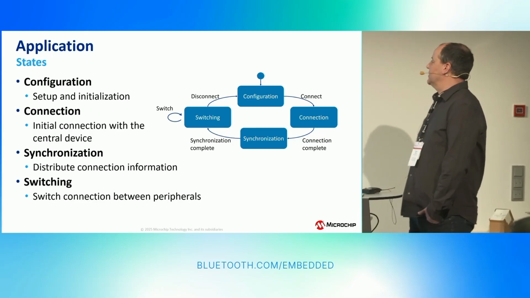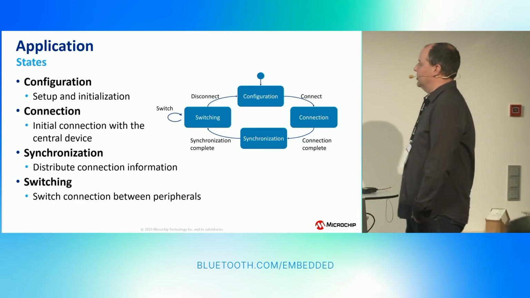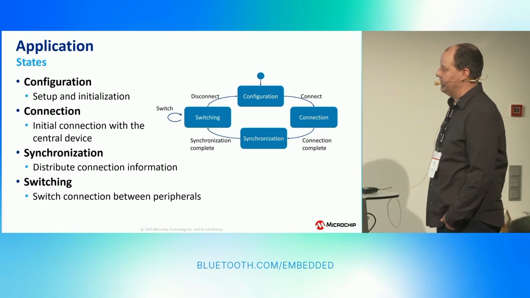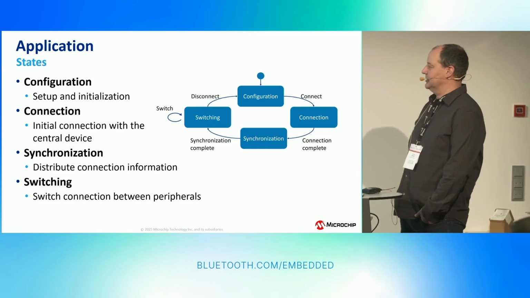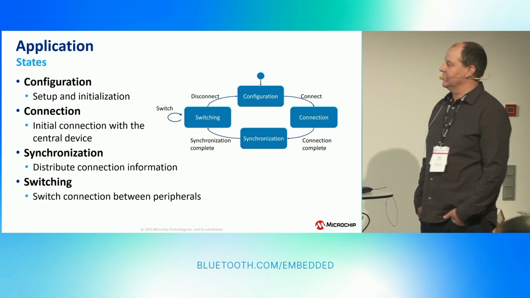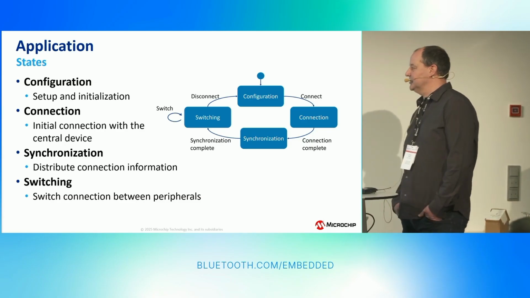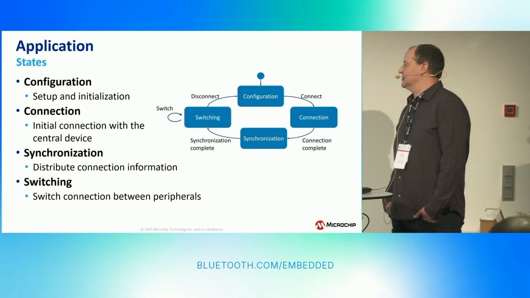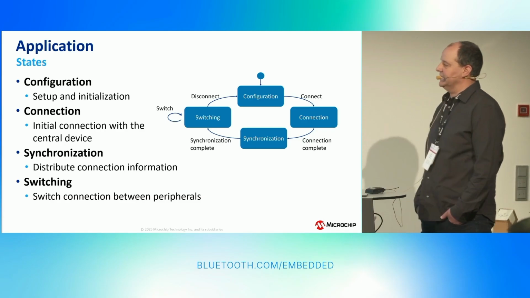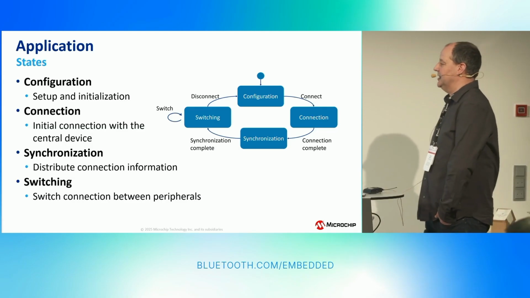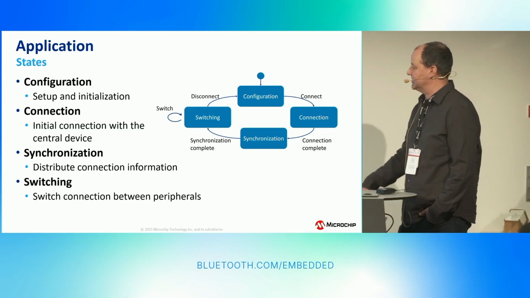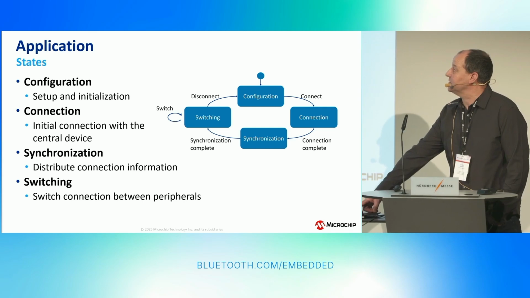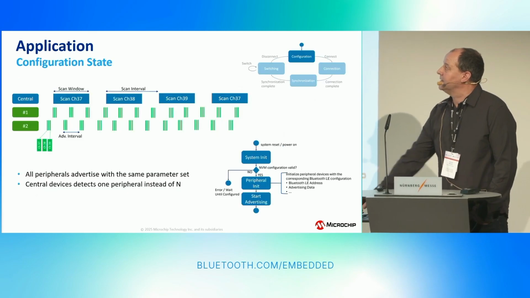In this state, we do the connection, and if the connection is complete, we start the synchronization. From the connected node, we distribute the information to the other peripheral devices, and after this synchronization is complete, we enter the switching mode, which is the main mode of the application, where we can switch seamlessly between the different peripherals.